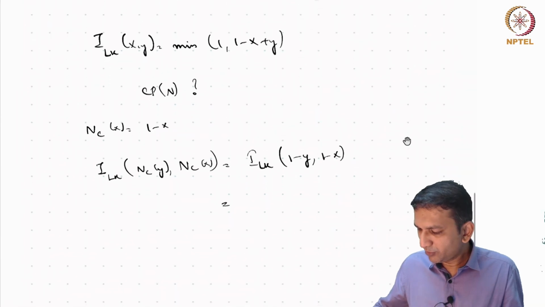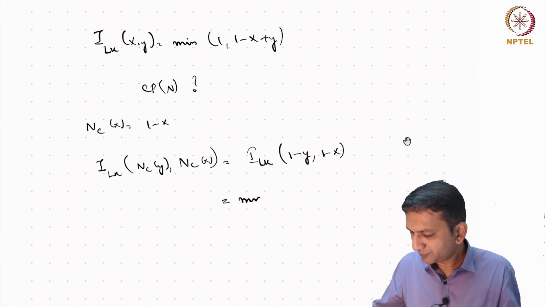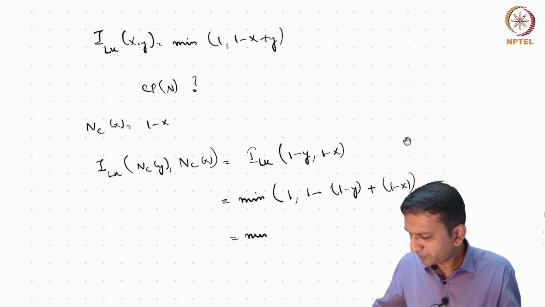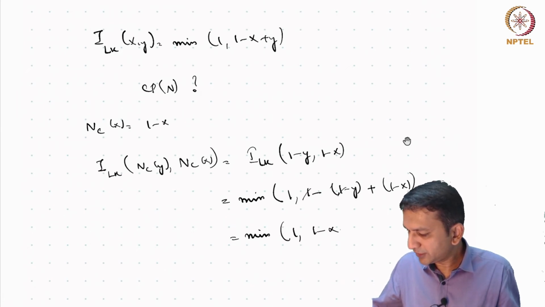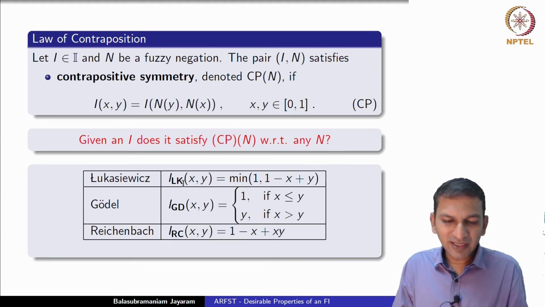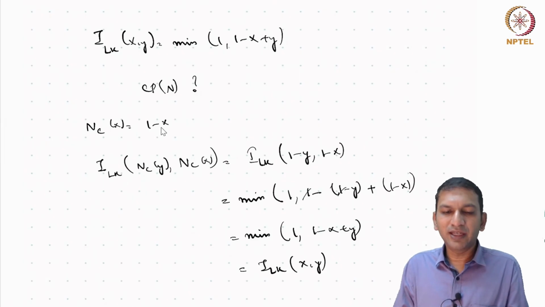From the above formula, we see that this can be written as minimum of 1, 1 minus y plus 1 minus x. So it turns out to be minimum of 1, 1 minus x plus y, which is nothing but I_LK of x, y. So now we see that the Lukasiewicz implication does in fact satisfy contrapositive symmetry with respect to the classical negation 1 minus x.